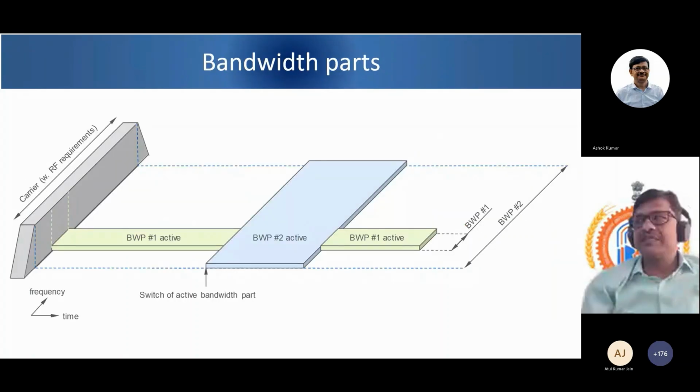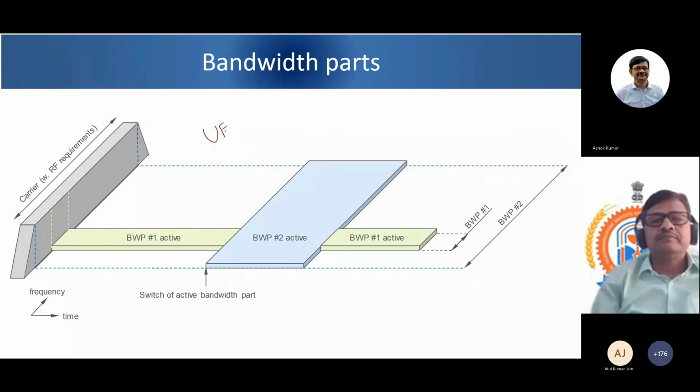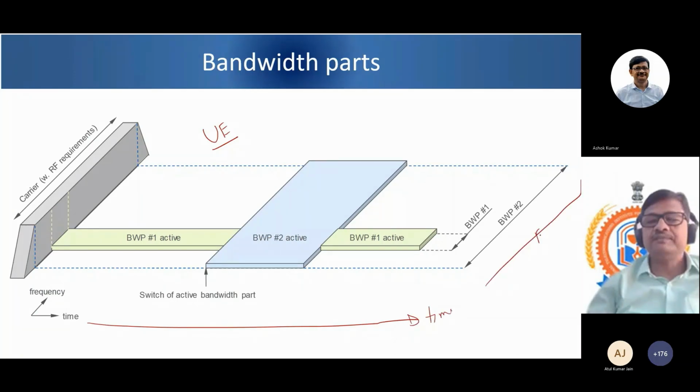Look at this picture, very important. Let me first explain that on this axis it is time, and on this axis you have frequency. Suppose initially you are just browsing the internet, you need less frequency band. So out of this, I'm only using this much, bandwidth part 1. So bandwidth part 1 is active because I'm just browsing the internet.